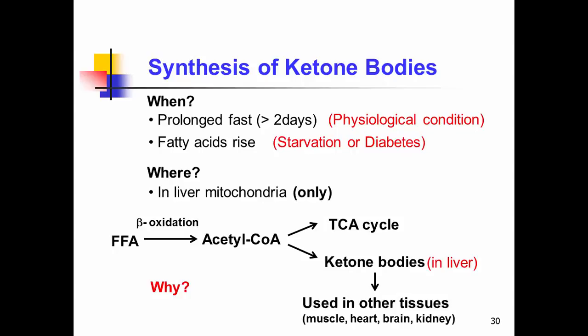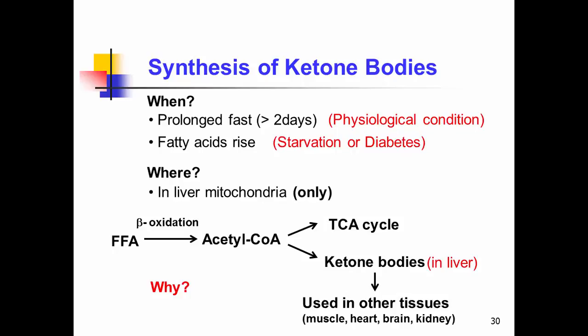And here's an example. The fatty acids only break down to acetyl-CoA, and the majority of acetyl-CoA will not go into the TCA cycle for complete oxidation, but rather goes to the ketogenic pathway for making ketone bodies in the liver, right?